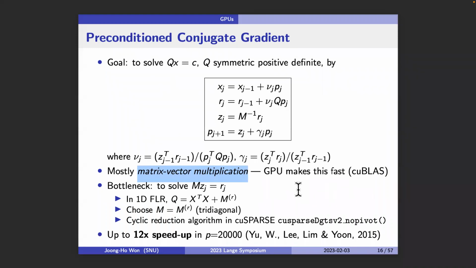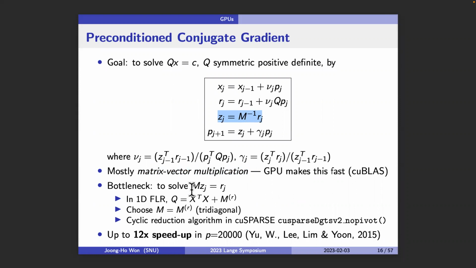And GPUs are pretty good at doing matrix vector multiplication. So I used that feature, but there's a catch. Because I used a preconditioned conjugate gradient, it needs to solve some matrix equation. So this part, the third step of this iteration, is the bottleneck in parallelizing this computation.